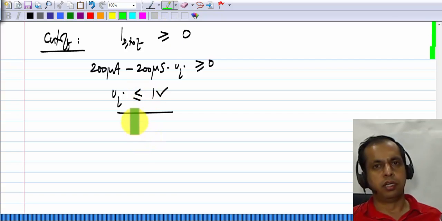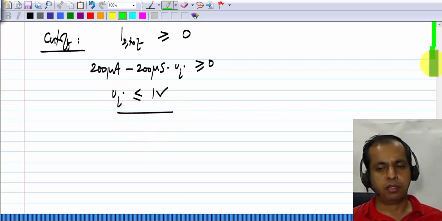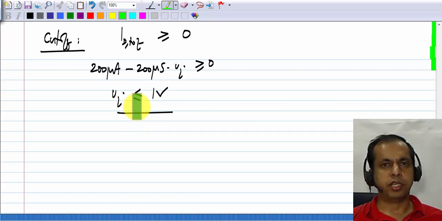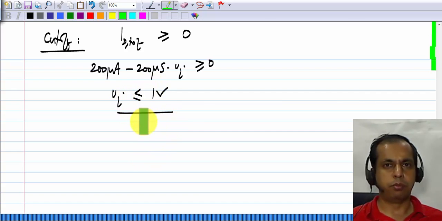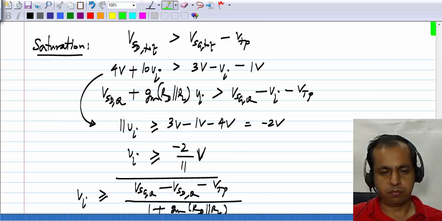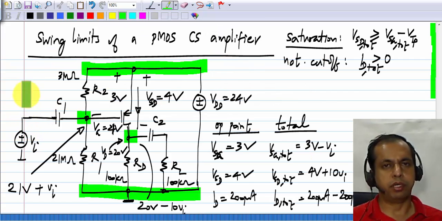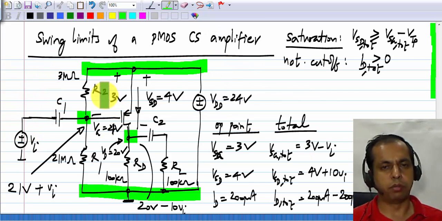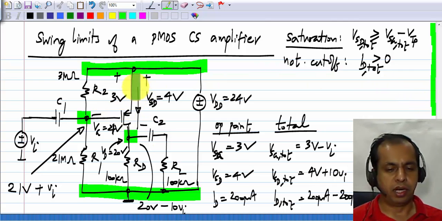So earlier, in case of NMOS common source amplifier, the cutoff condition was imposing a lower limit on Vi. Now it imposes an upper limit, because as Vi becomes more and more positive, the gate goes up, the source gate voltage falls. And the drain current goes on reducing, and at some point it will enter cutoff.